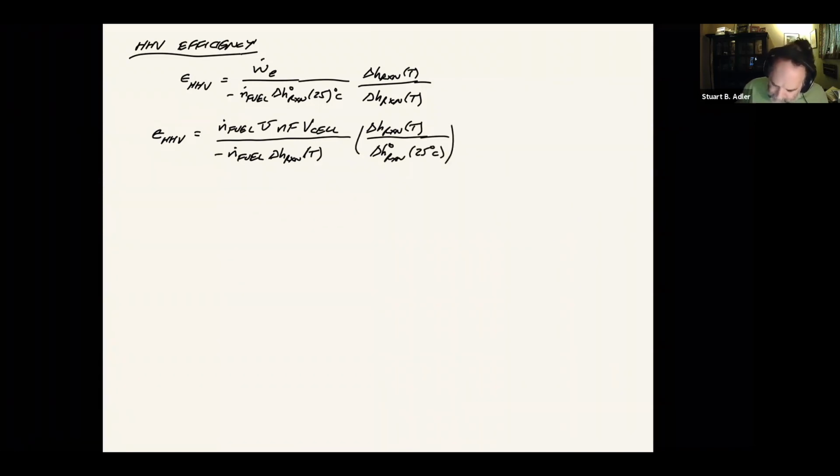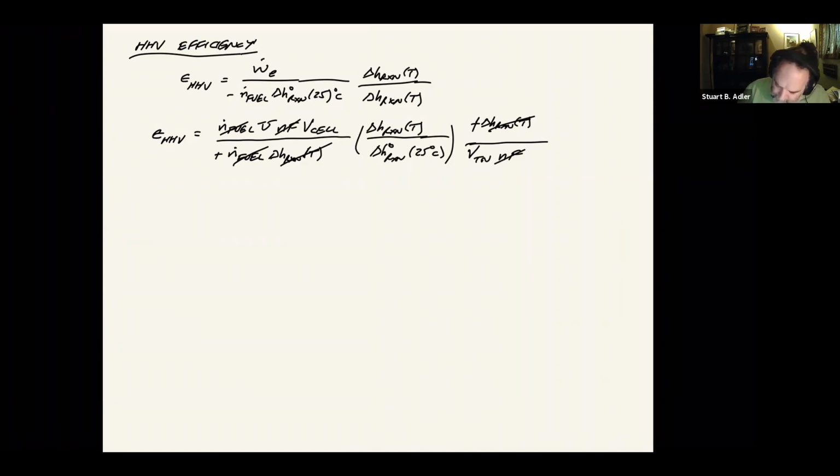And at this point, the other thing I can do is recognize the delta H of reaction. This is equal to the thermoneutral voltage. Put the NF down there. These are canceling, so these negative signs cancel as well. And fuel is canceling. NF's canceled too.